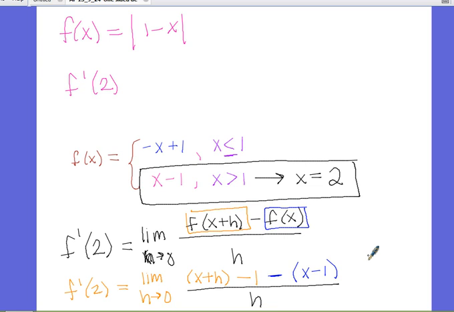Now, you could actually put in x equal to 2 right away, meaning this could change to a 2 right away, and this can change to a 2 right away. If that makes the math a little easier for you, you're welcome to do that. In the end, you're only using one piece of the piecewise function because you're not discussing the break of the function.